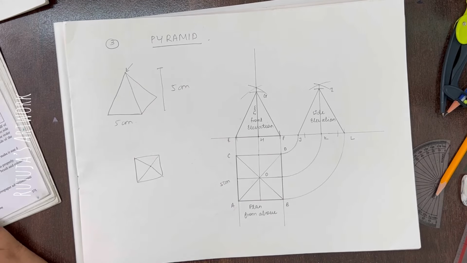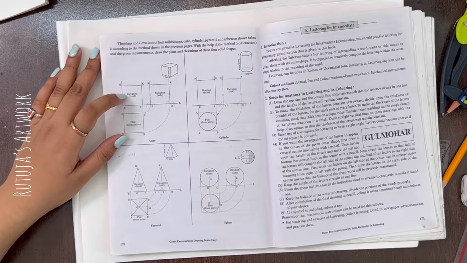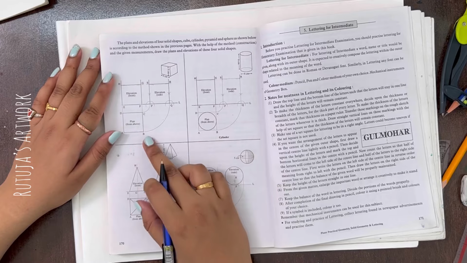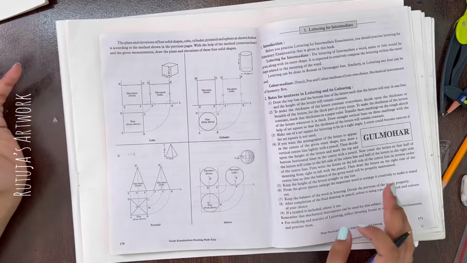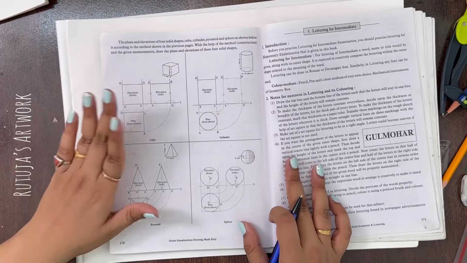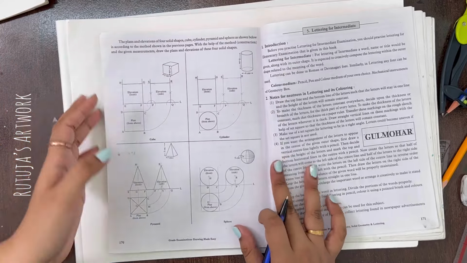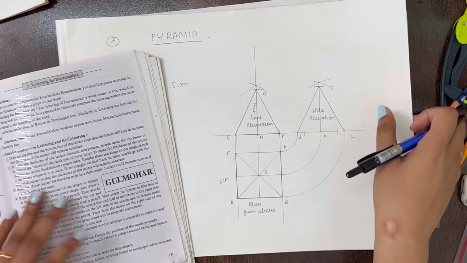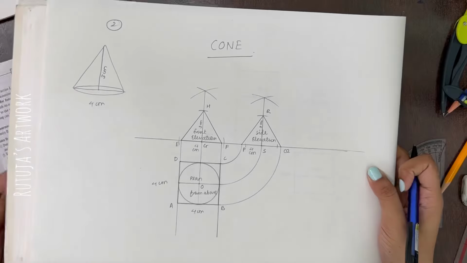Now similarly here there are cube and cylinder. So cube is very easy because all the sides are square only. So I will just show you the construction of a cube roughly because it's very easy. We have already done that. So I will just show it over here.